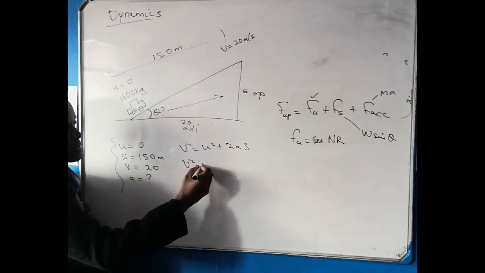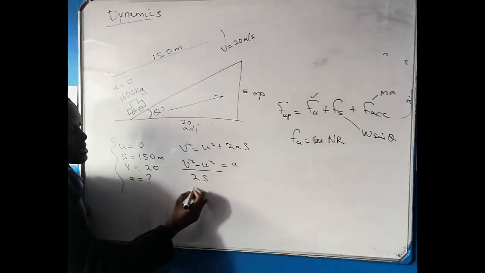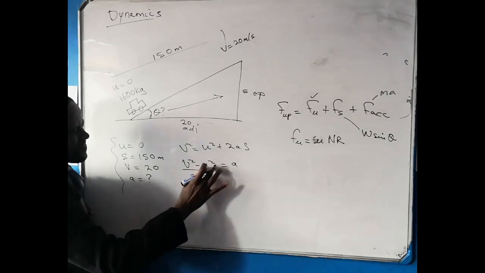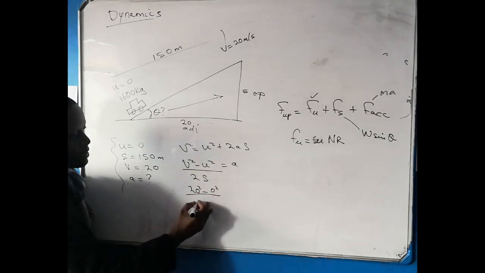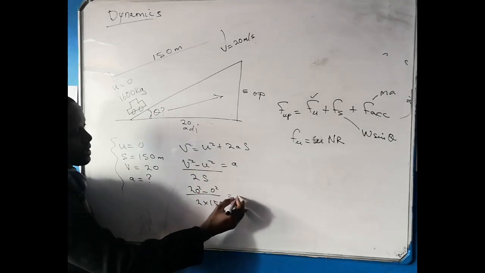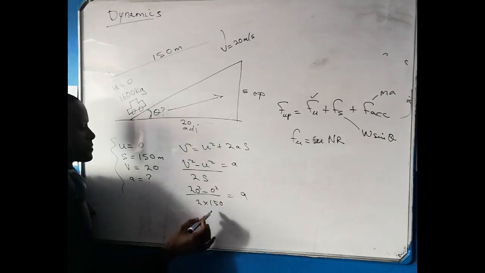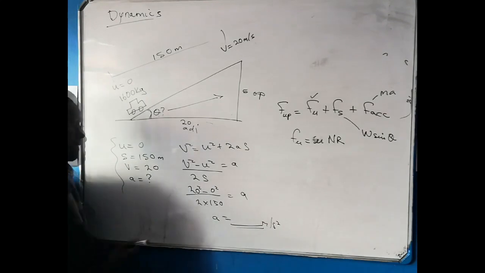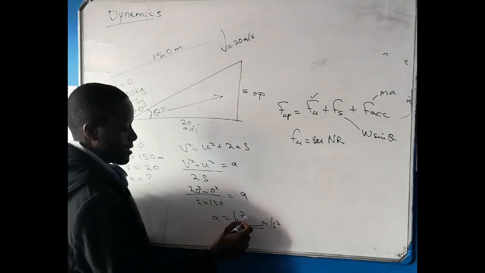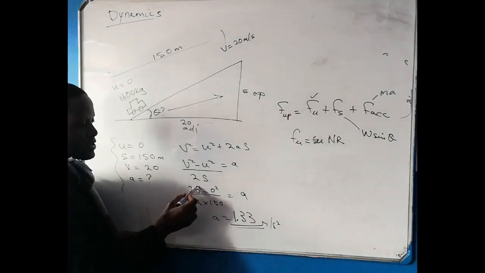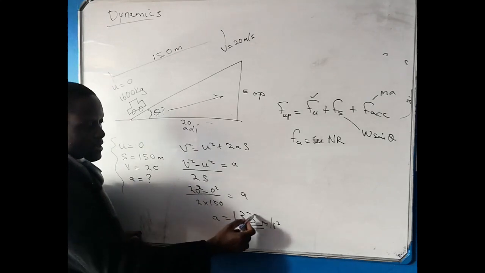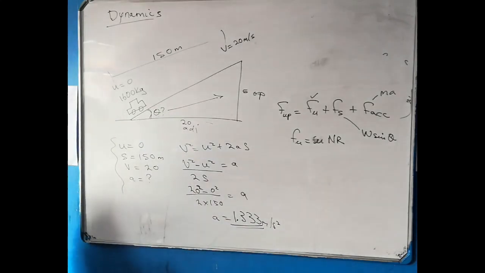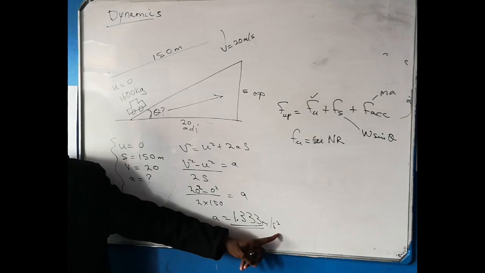V square minus U square is equal to 2 times acceleration times s: 20 squared minus 0 squared over 2 times 150. This gives us our acceleration, in meters per second square. That is the acceleration.